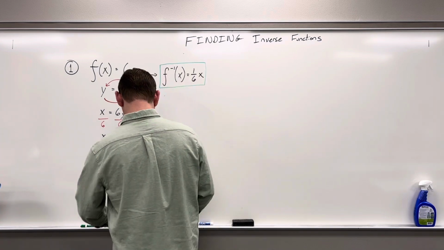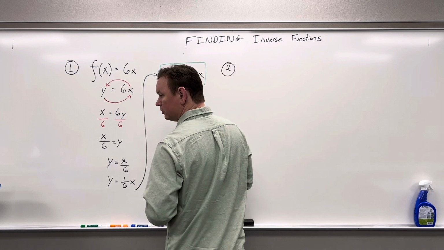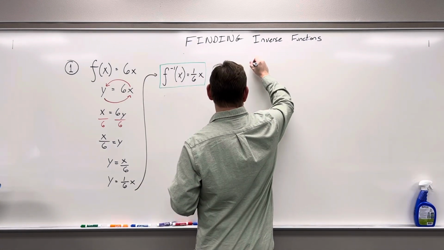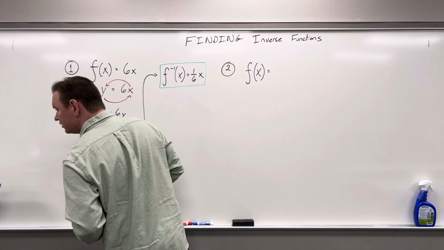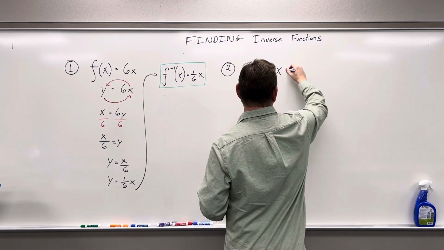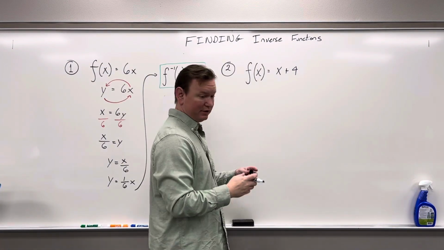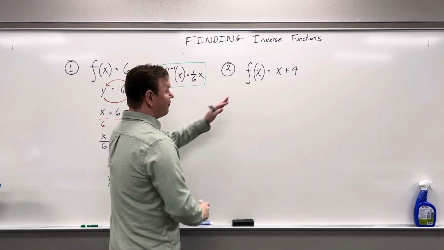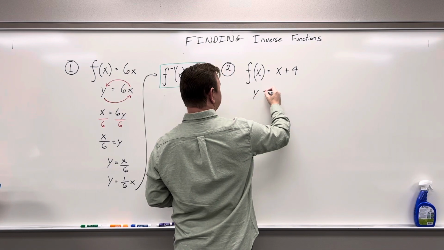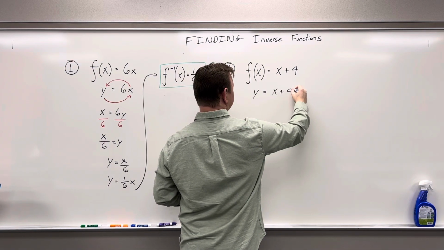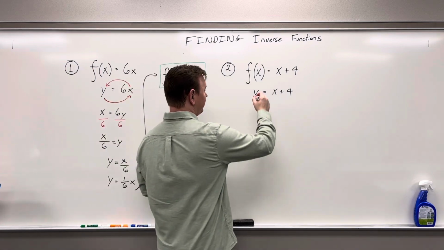So on number 2, let's roll to number 2 now. So number 2 is f of x is equal to x plus 4. All right, and it's the same deal. You know that f of x is just another name for y, so we rewrite y equals x plus 4, and then we swap.